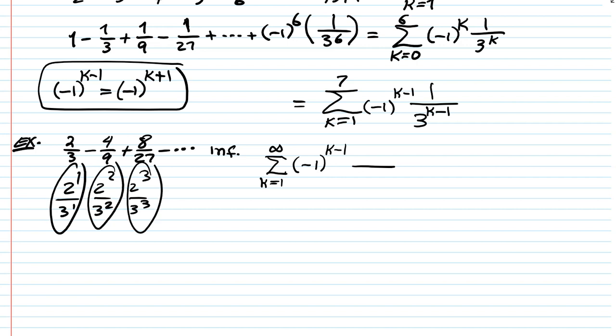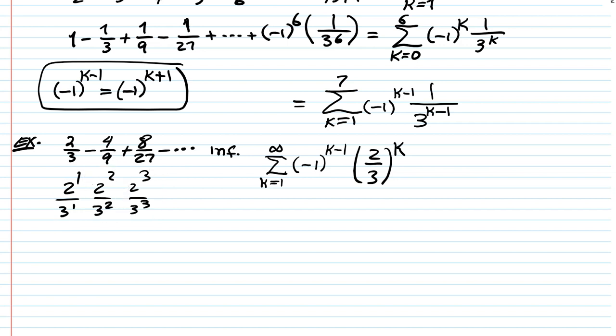Well, I can write it as 2/3 to the kth power. And there we have that one. We're able to write it in a more concise form, the summation notation form.